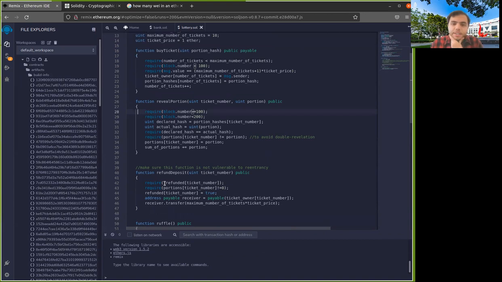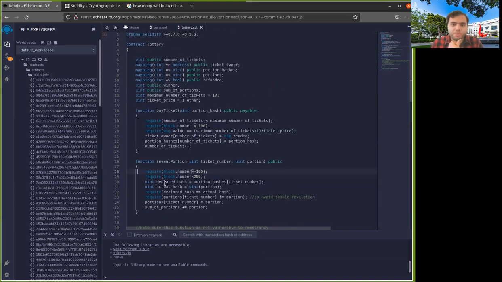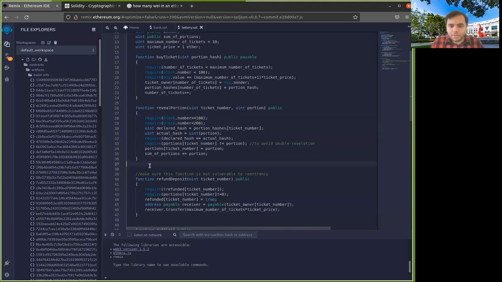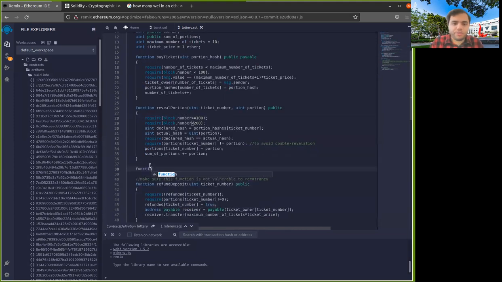But I don't want to write a for loop because of the gas problem that I talked about before. I don't want a function at the end of the reveal portion part that goes over all the tickets and sees if they have revealed or not, because that function is going to be super costly. It's going to have a for loop, and I don't want that. So instead, I can have a function here, and I can call this one reveal cheater.